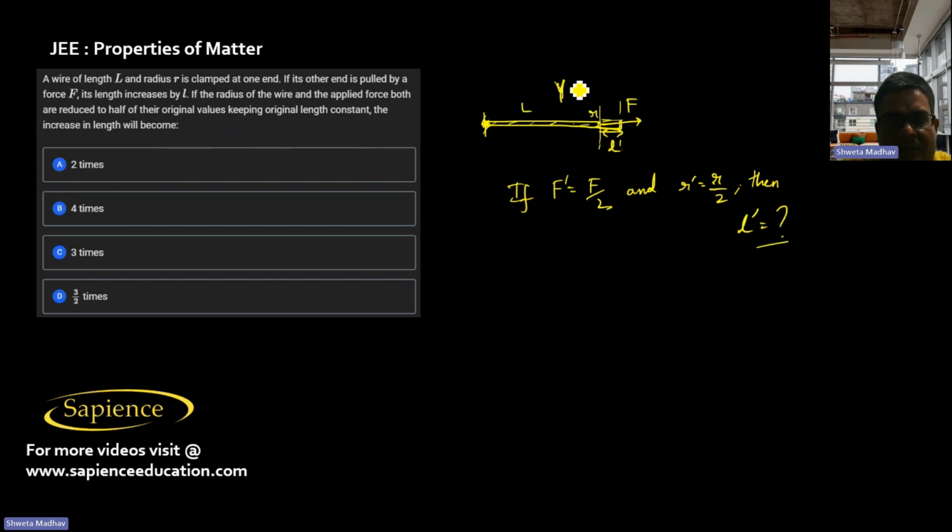Since Young's modulus depends on the material of the wire only. So therefore F by A is equal to Y into delta L by L. So therefore l is equal to FL by AY.